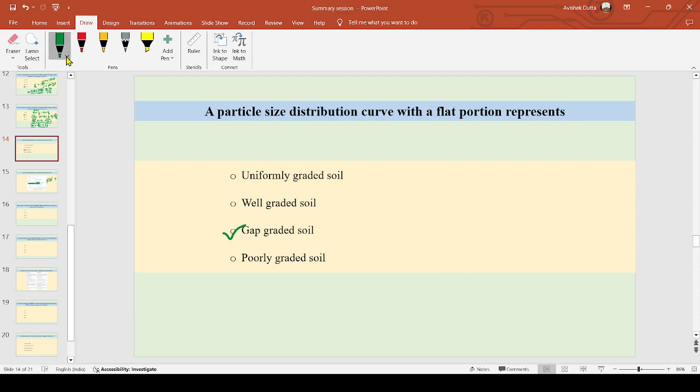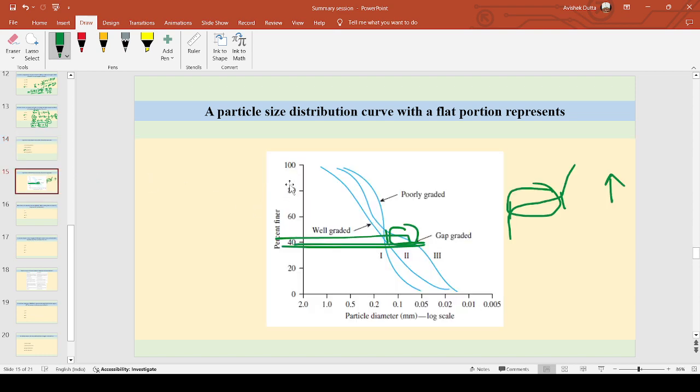Uniformly graded soil is nothing but poorly graded soil. If the soil is uniformly graded, that means it has particles of similar size throughout. That is nothing but poorly graded soil. A well graded soil has particles of almost equal proportions of all sizes. That is this one.